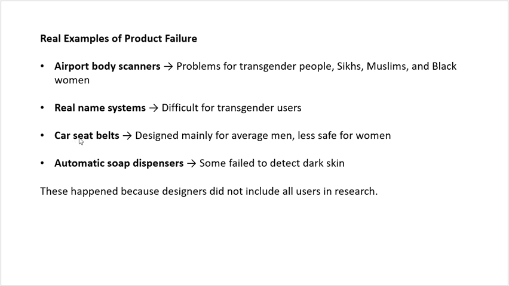Car seat belts are designed mainly for the average man and are less safe for women. Automatic soap dispensers sometimes fail to detect dark skin. This happened because designers did not include all users in their research.